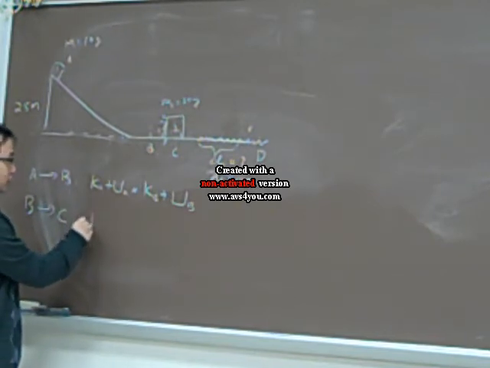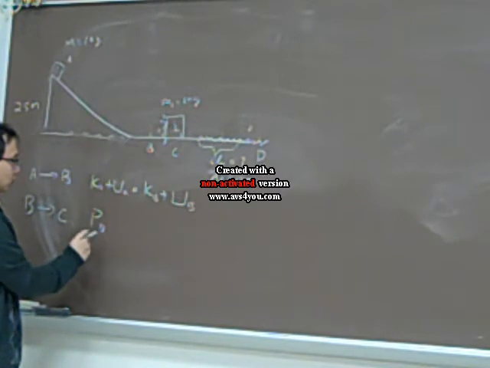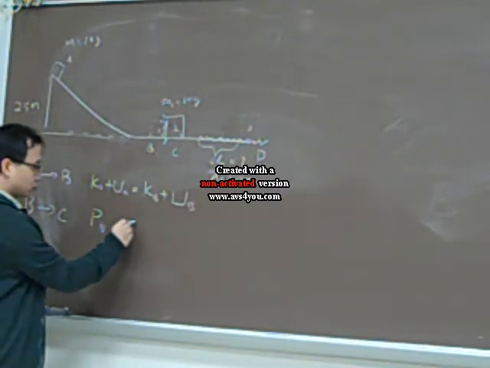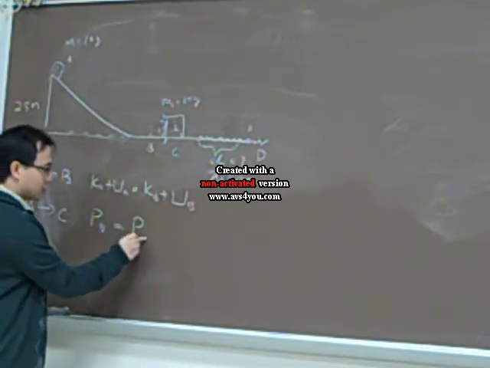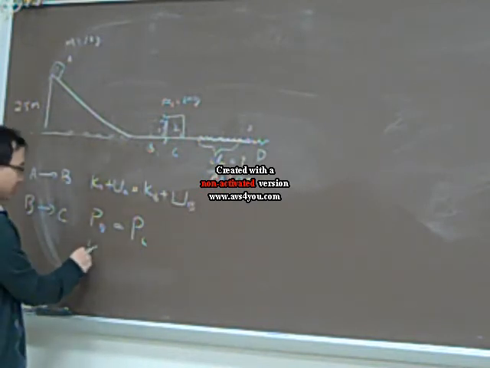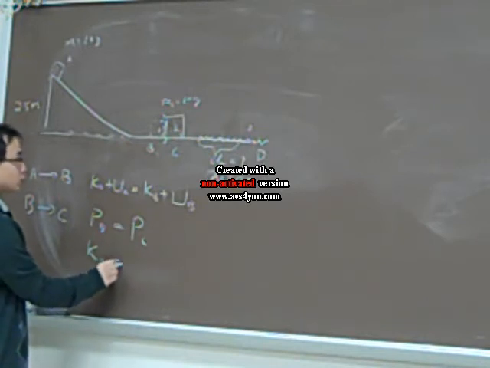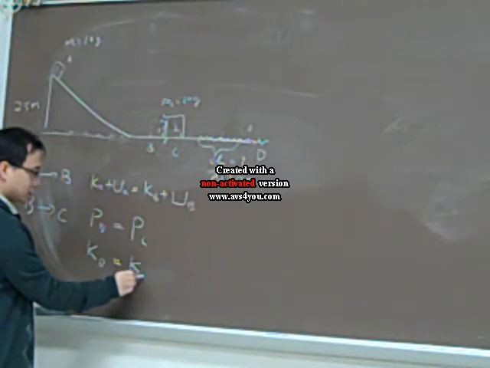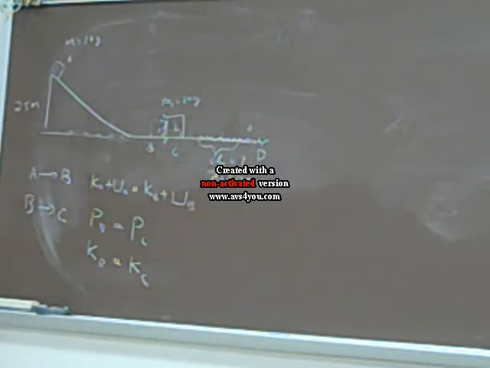So it says that Pb, total momentum, equals Pc. It's an elastic collision. So you also have Kb equals Kc. Okay. So first let's list all the equations you are going to use.